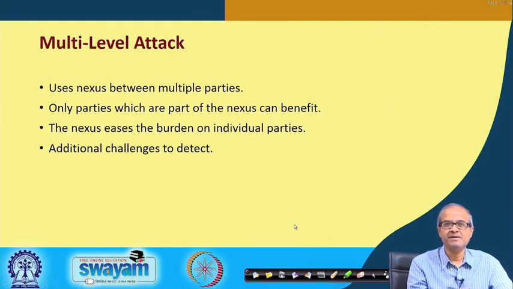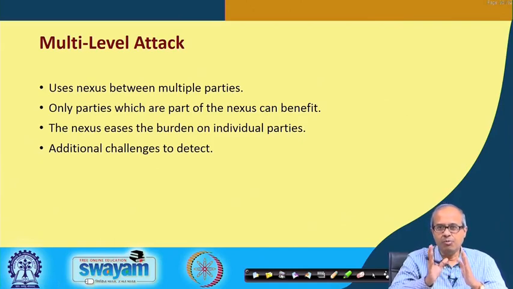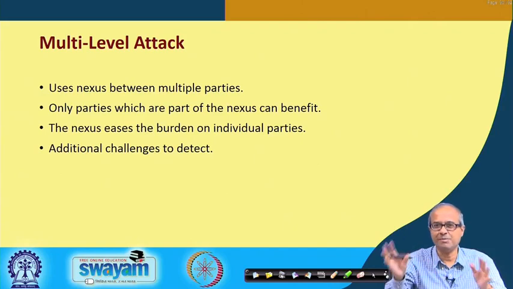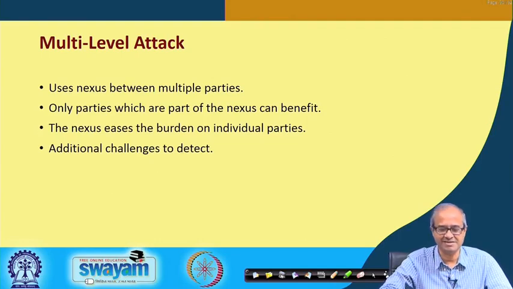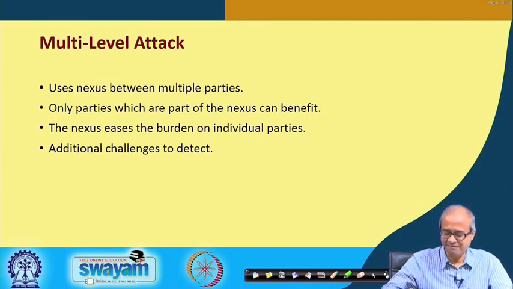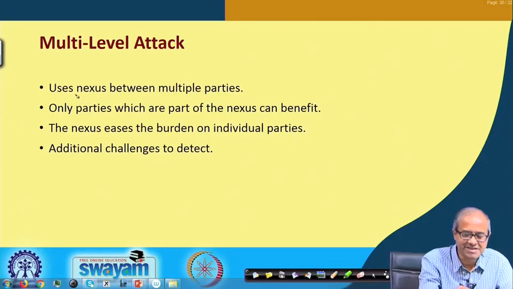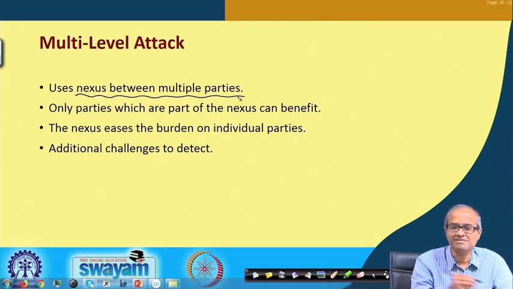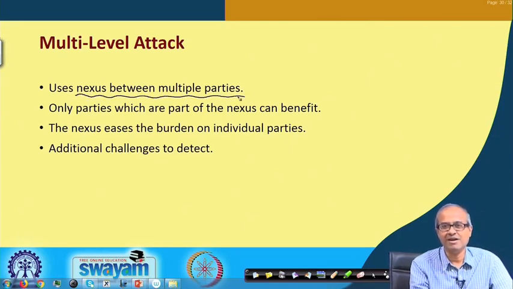Fine. Well, more dangerous are multi-level attacks. We have so far said that somebody somewhere is malicious who is inserting this kind of Trojans inside the design. But what if there is a nexus between multiple parties, then your life is even more difficult.